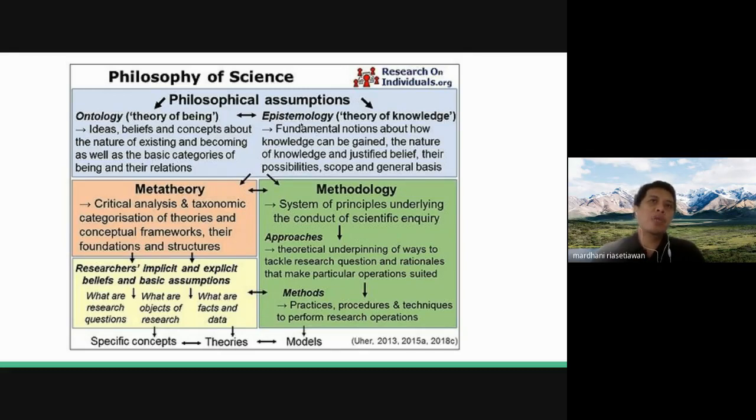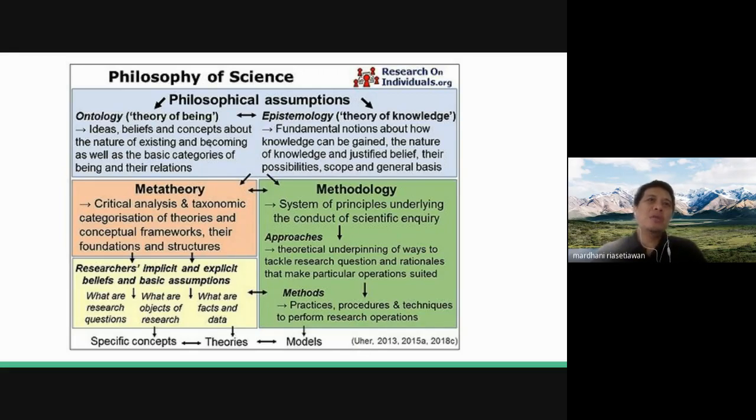Epistemology will have an impact on ontology. It will contribute to our belief also. For example, religion, I'm sorry to say. You will hold your belief in religion also because of epistemology. So that will be the philosophy.